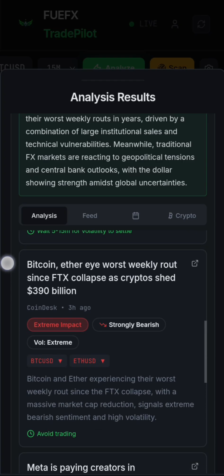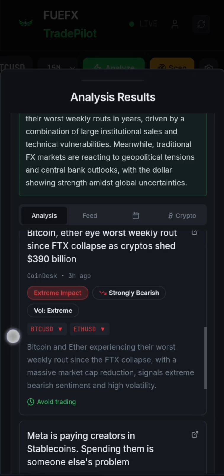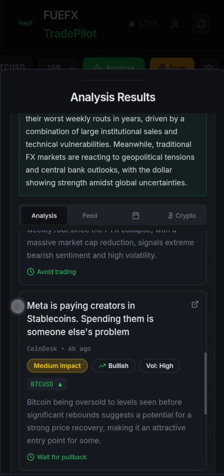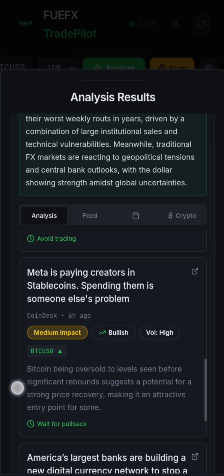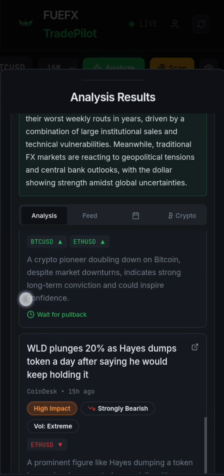It says Bitcoin at a high, worst weekly drop since FTX collapse as crypto shed $390 billion. So it says extreme impact. It says you can short BTC or ETHUSD, but its recommendation is that you should avoid trading at the moment. Okay, this was 6 hours ago. It says you can long BTC at that time.